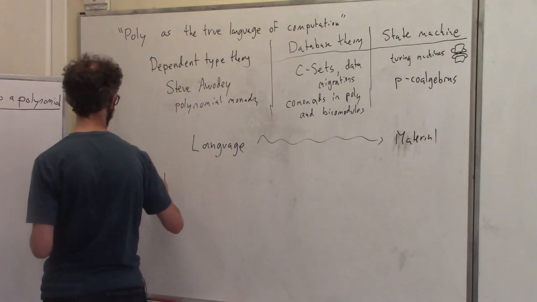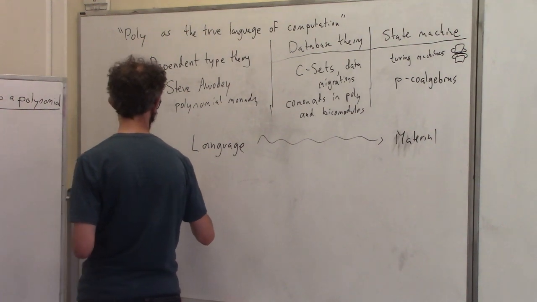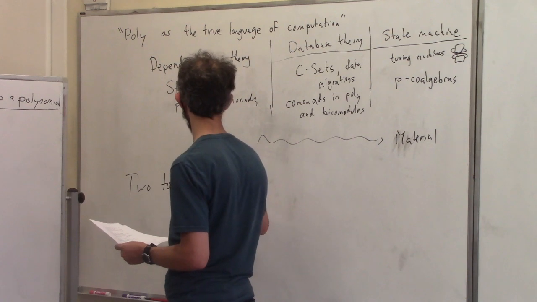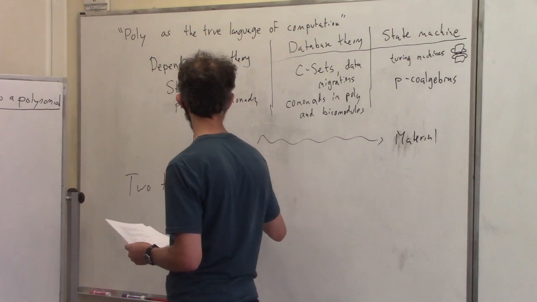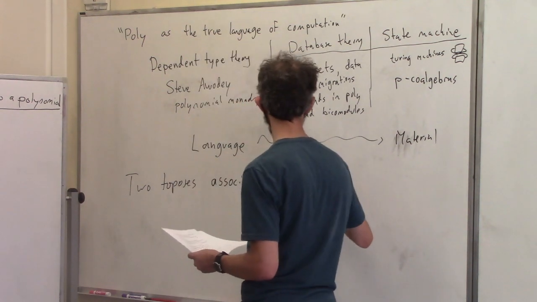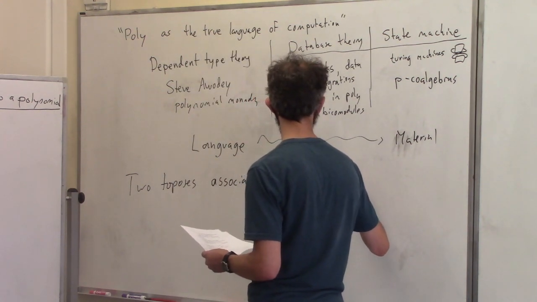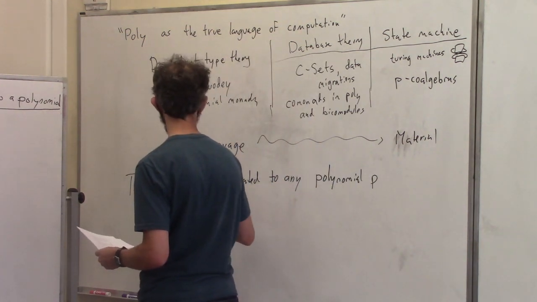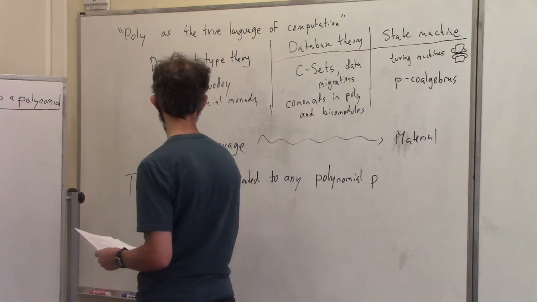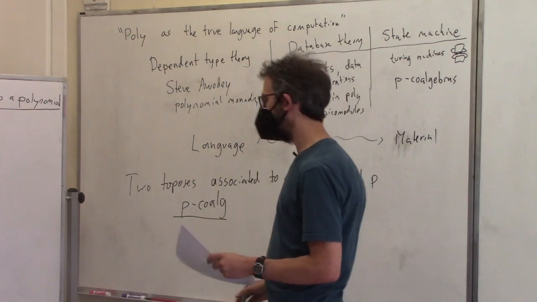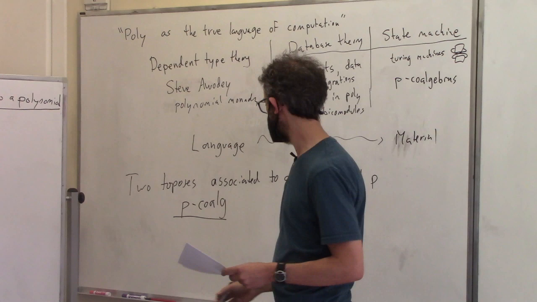So there are two toposes. A topos is a place where you can do logic. Two toposes associated to any polynomial P. One is p-coalgebras. That's a topos. I'll tell you what a p-coalgebra is in a minute.